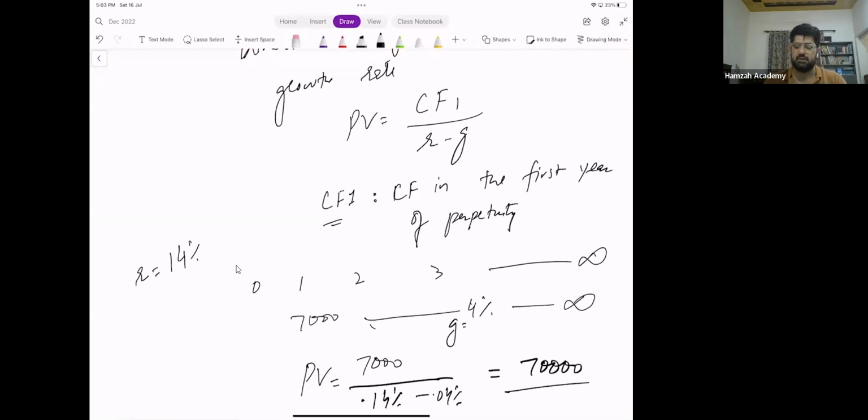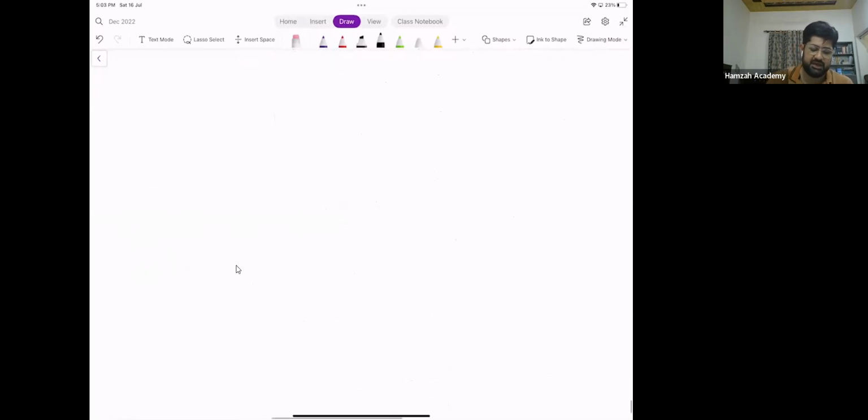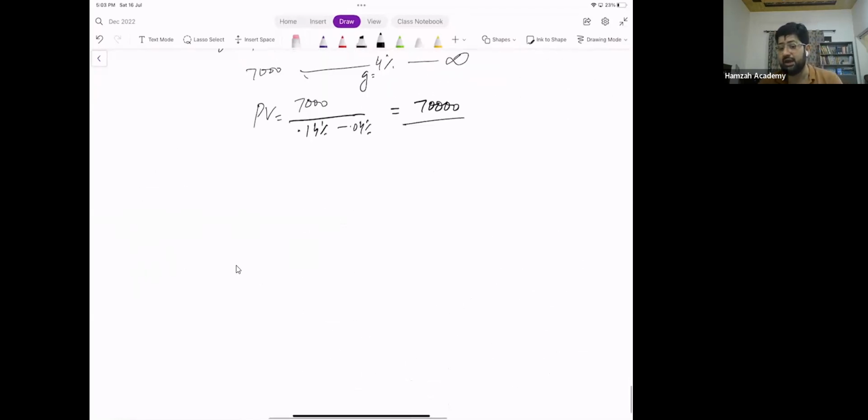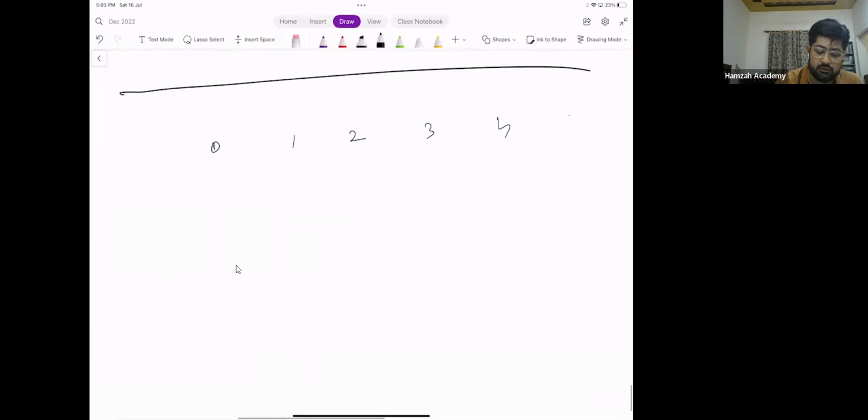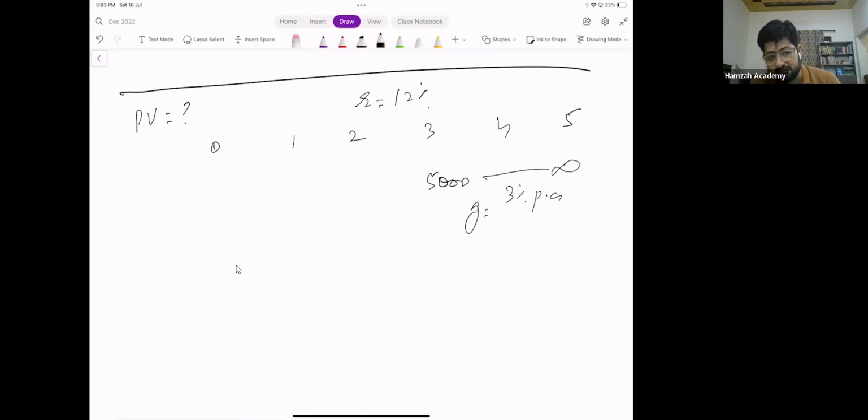Good. Now, another example. Then I'll proceed with the NPV and adjustment. One more example. 0, 1, 2, 3, 4, 5. Cash flow starting from here will grow at 3% per annum. R is equal to 12%. Calculate present value. Calculate, everyone. Try it.